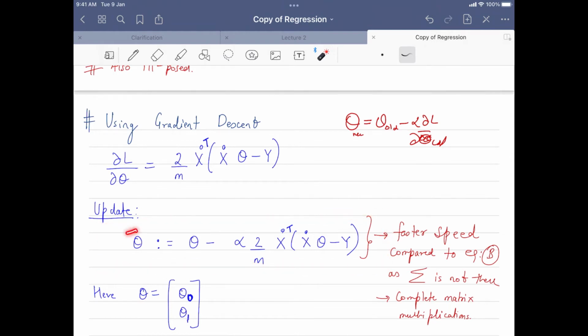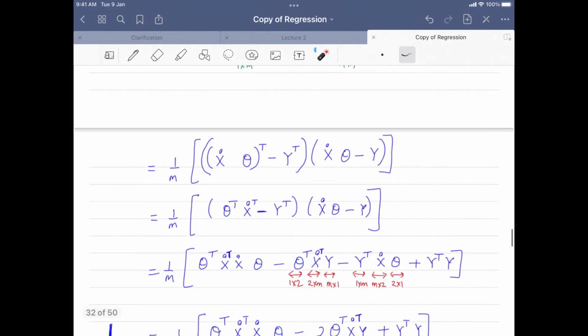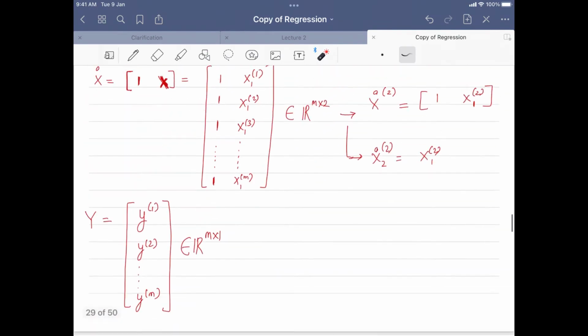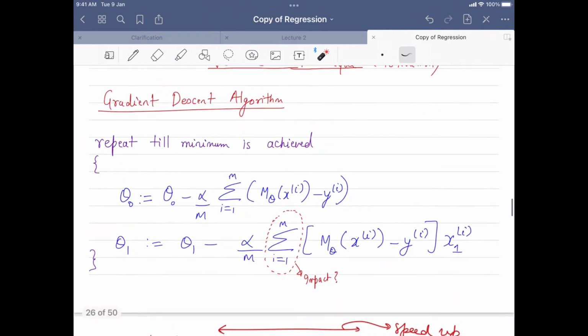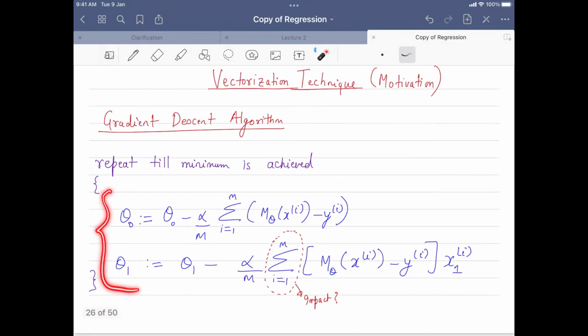So all the elements of this matrix will update automatically and in a much faster way as compared to the earlier case, because you can see here there is no sigma involved. If there is no sigma involved, it is faster compared to equation B which we were discussing last time. So this is the one which we were discussing.